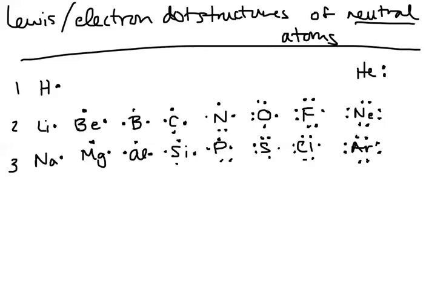Let's draw the Lewis or electron dot structures of monatomic ions.